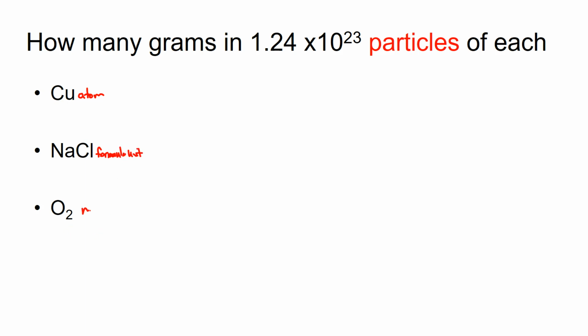And then I'm looking at molecules of this. No. We're starting with 1.24 times 10 to the 23rd, and that should be 24th. Yeah, 24th. So do it times 10 to the 24th particles.